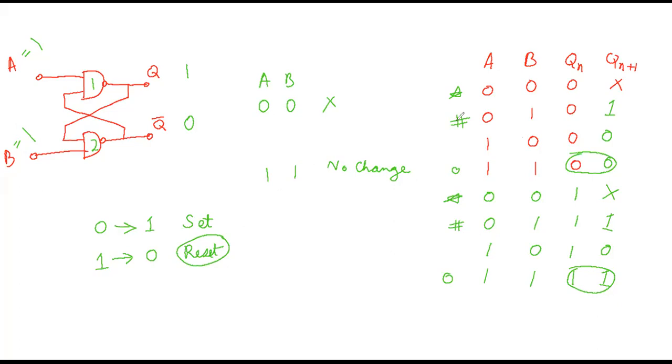So it is set. Okay, this is also set. It was 1, and it remained 1. It was on. You asked it to remain on, so it is set condition. You check the output, it is in set condition right now. This is also in set condition. So a 0 at A will allow the system to remain in set, or it will set itself.